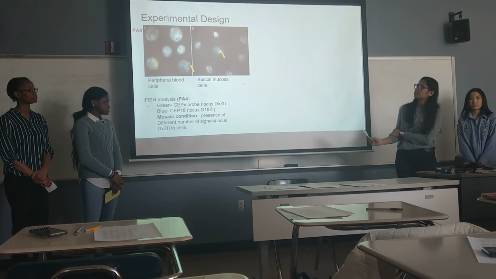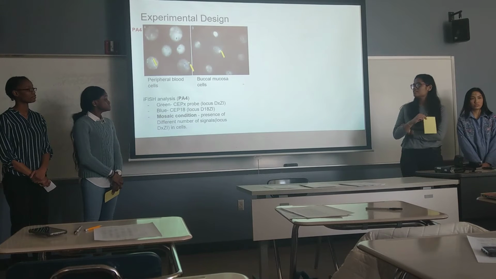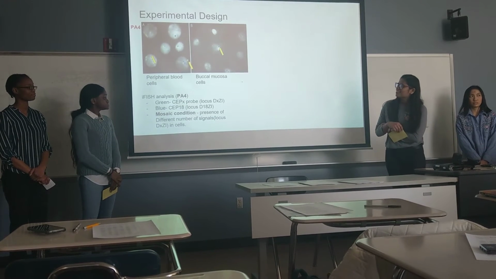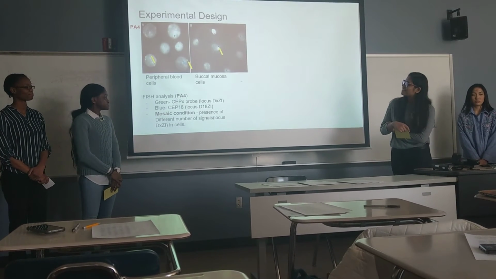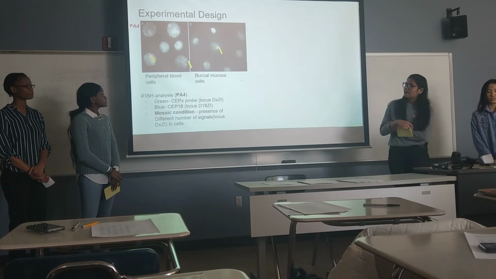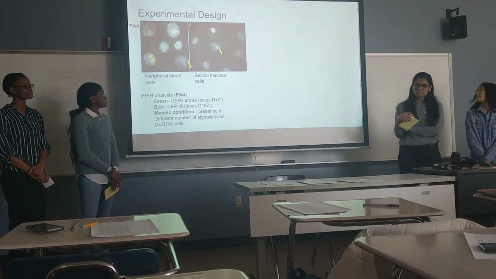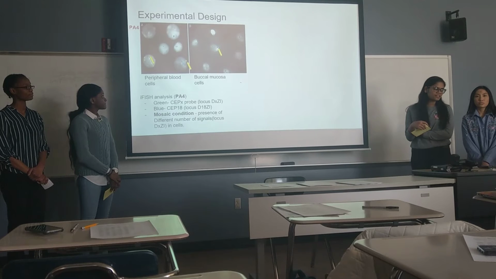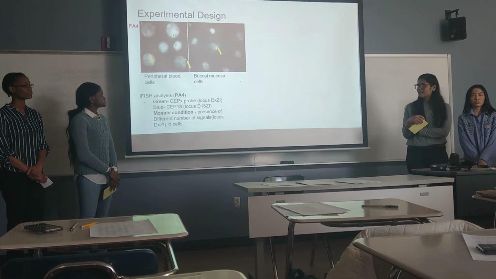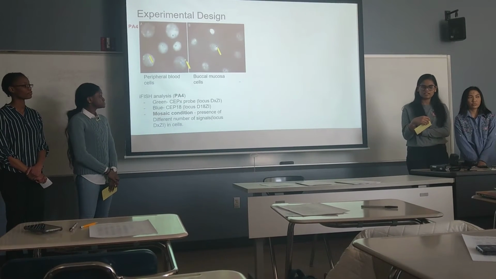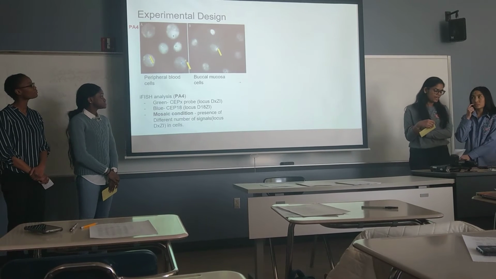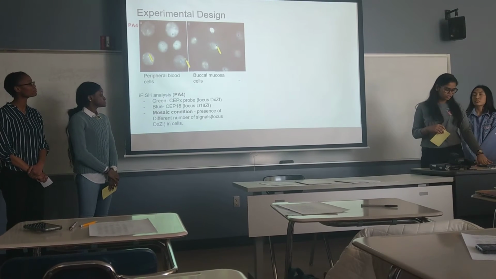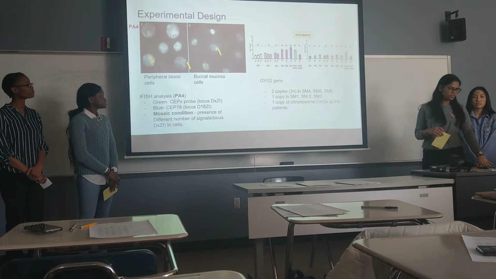The mosaic condition is known by the presence of different numbers of signals. As indicated with the yellow arrows, the cell has one green signal and two blue signals, which indicates mosaic condition. And this can be confirmed by more PCR data.